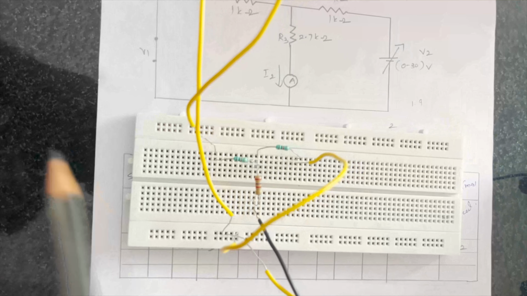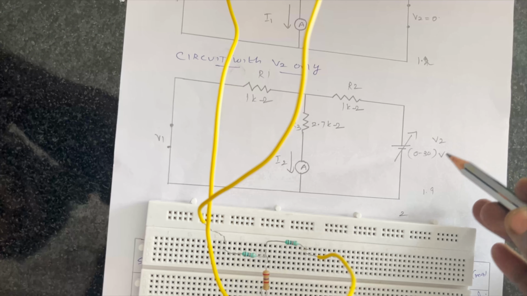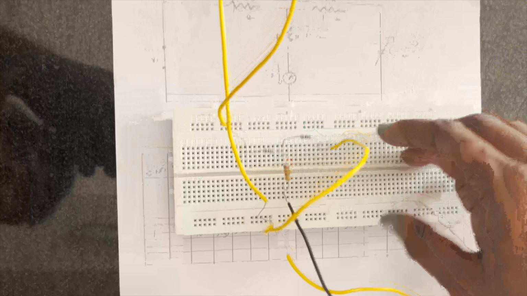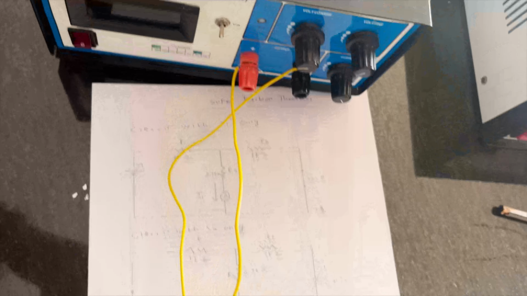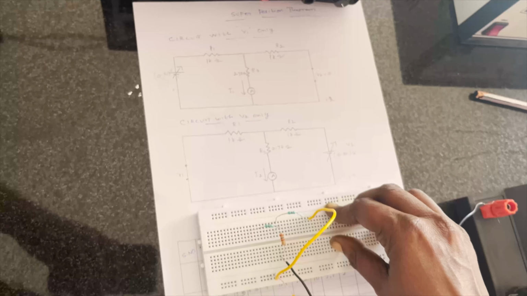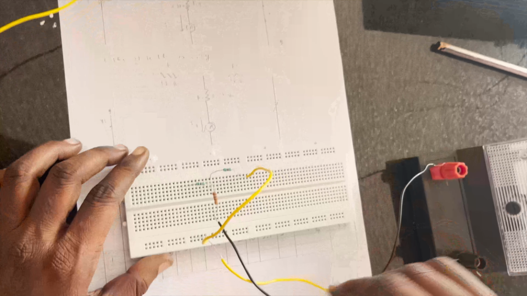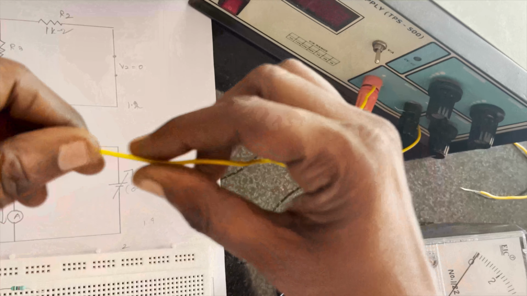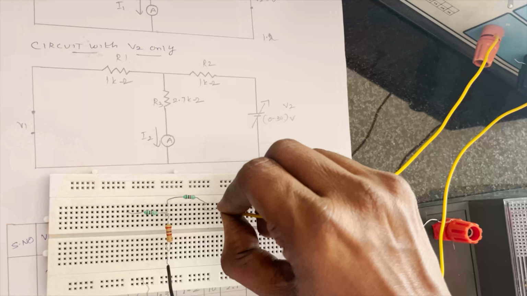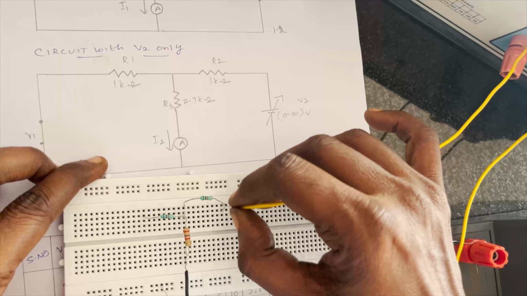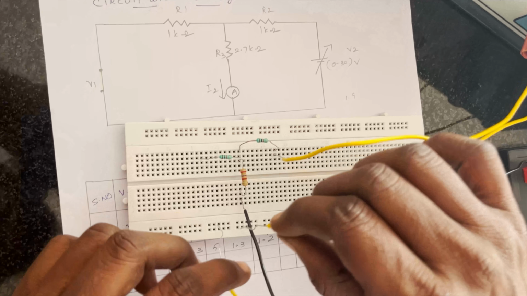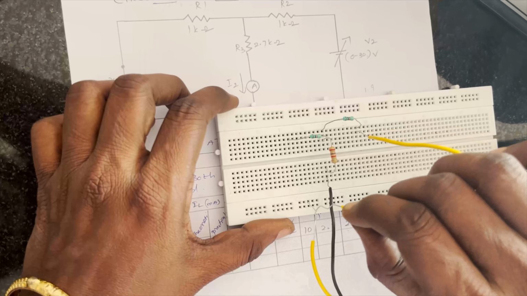Here see the circuit, V1 equal to 0 and V2 in enabled condition, same procedure we have to follow. We have to remove the V1 RPS and insert the V2. So see the V2 RPS is connected positive to the R2 end. The negative line is connected to the ground line, the same ground line.